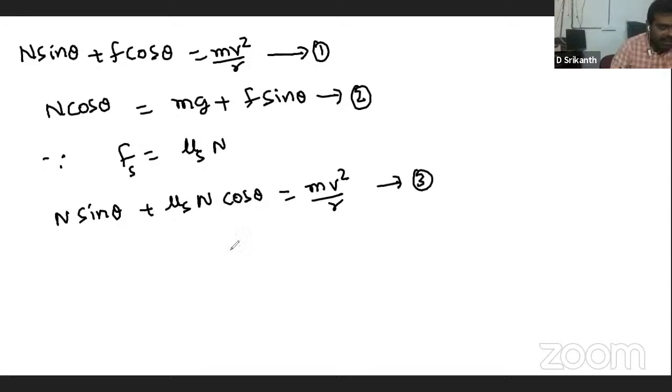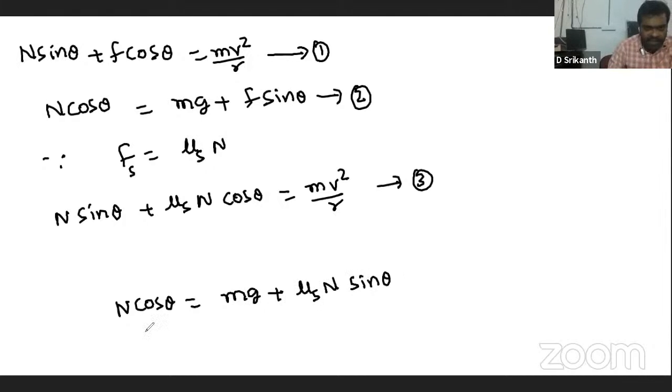In the second equation, I am substituting, that is, N cos theta is equal to mg plus mu s N sin theta. This equation I will rearrange as N into cos theta minus mu s sin theta is equal to mg. Can I write?